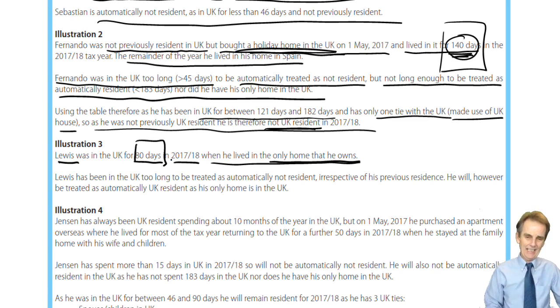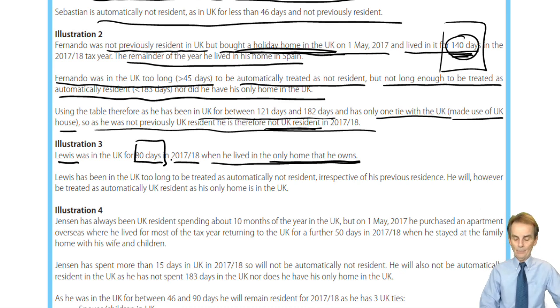Well, with 80 days, whether he had been previously resident in the UK or not, 80 is more than 15, more than 45 days. So whichever background he had, it doesn't matter. We do not rank as automatically not UK resident.